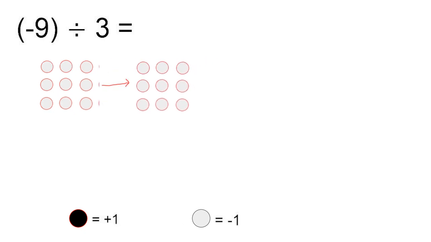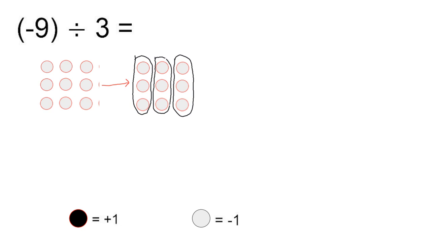So now we have to split this up into groups. So we need 3 groups here, 3 positive groups. So again, just a reminder of our rules, when we are dividing a negative by a positive, our answer is going to be negative.